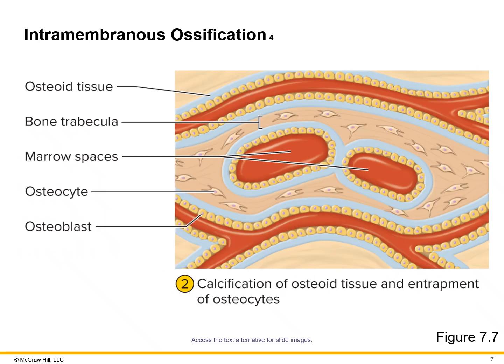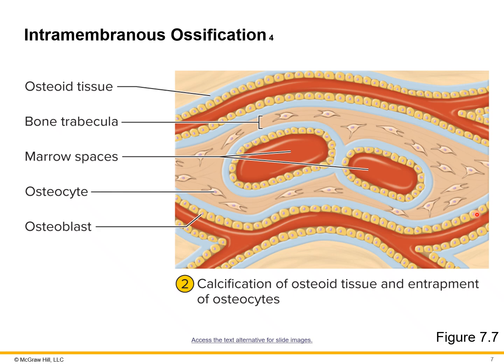The osteoblast will then sprout out numerous dendrites or projections from their cell bodies that are delicate but they can penetrate into the osteoid tissue. This is going to promote the deposit of calcium phosphate as well as other minerals onto the collagen fibers of that osteoid tissue.